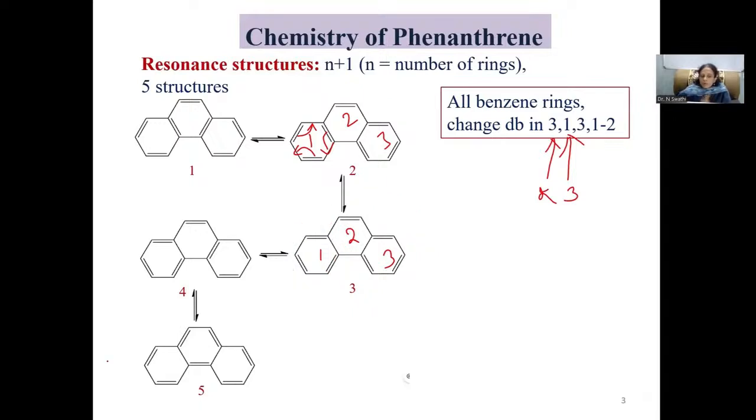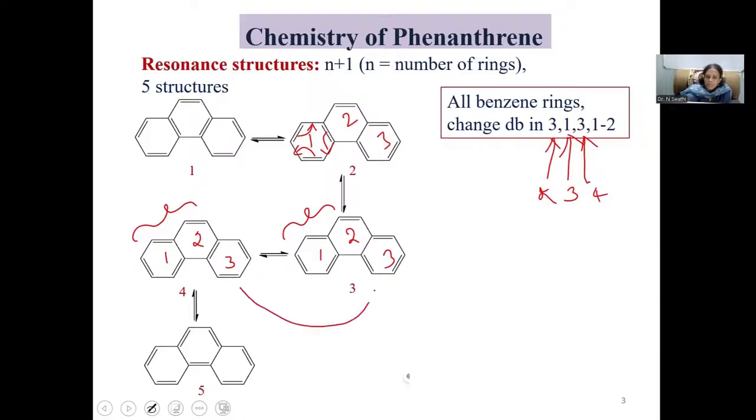Now to write the fourth resonance structure from the third, we again change the third aromatic ring system's double bond position. So this is the third aromatic ring. Write the double bond positions in the first and second ring systems the same. You can observe that rings 1 and 2 in the third structure and rings 1 and 2 in the fourth structure are kept similar. Now the third ring in the third resonance structure, just shift to the adjacent positions.